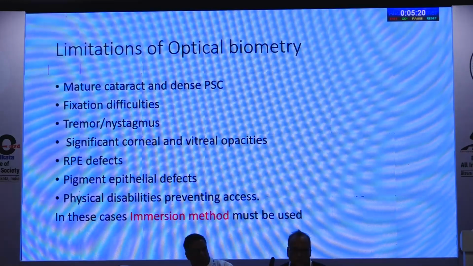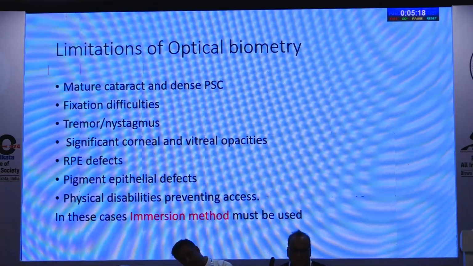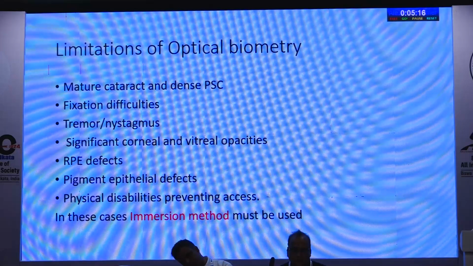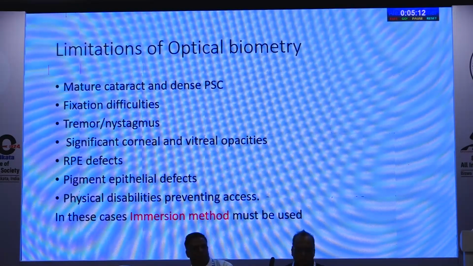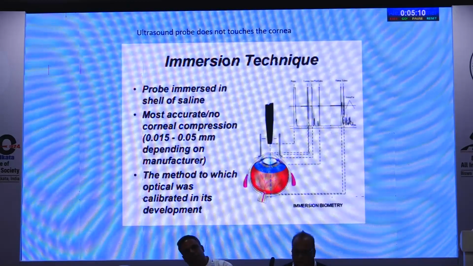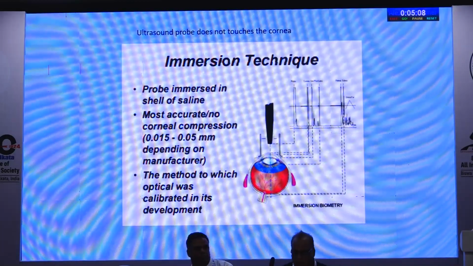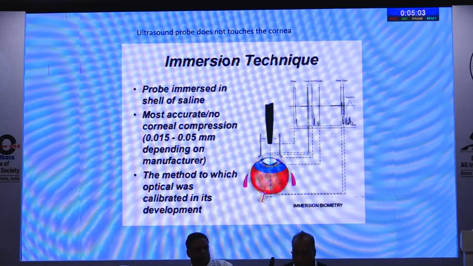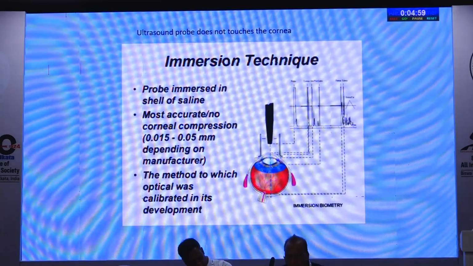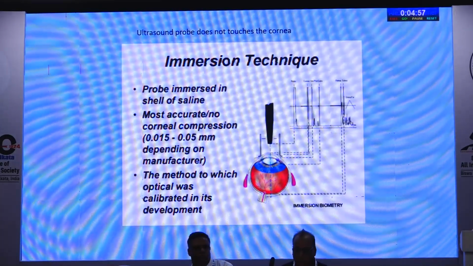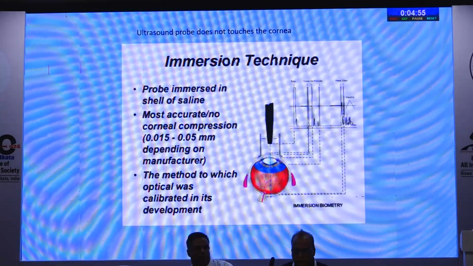But the limitations of optical biometry are mature dense cataract, fixation difficulty, tremor, and nystagmus. In this situation we go for the immersion methods. It is an ultrasound method, but it is non-contact. So it is most accurate, with no corneal compression, and it is the method through which optical biometry was calibrated in its development.